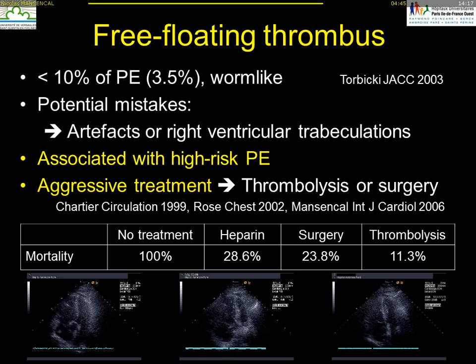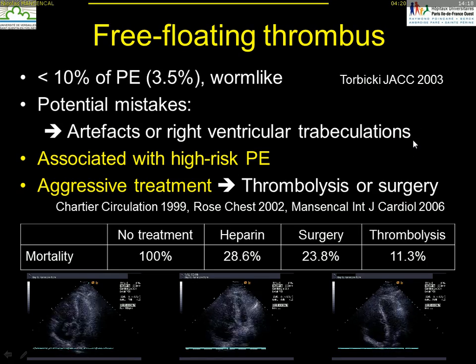Finally, what about patients presenting a free-floating thrombus, representing about 3.5% of our patients with PE? Be careful that we can have some potential mistakes, artifacts of right ventricular trabeculations. Be aware that it's not a trabeculation.